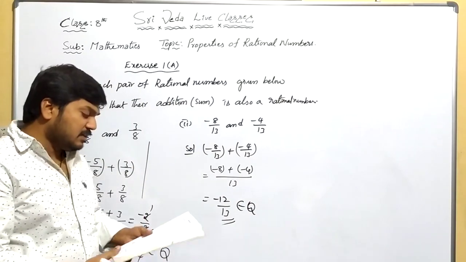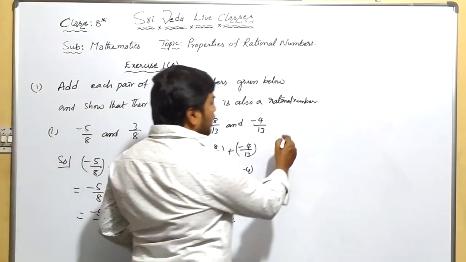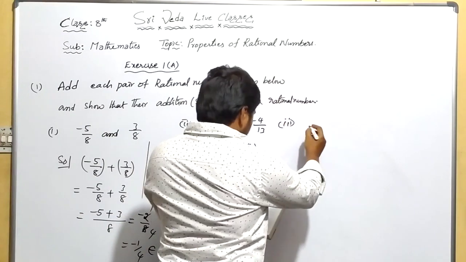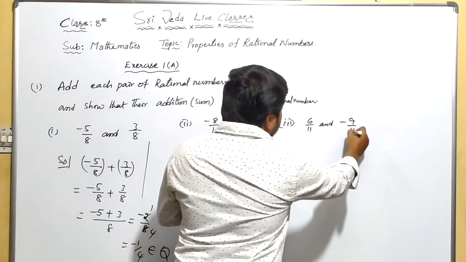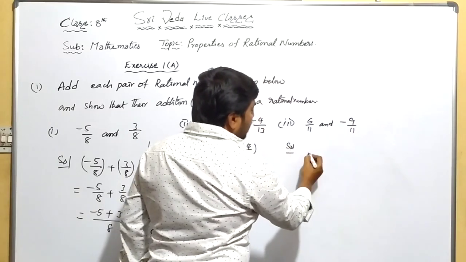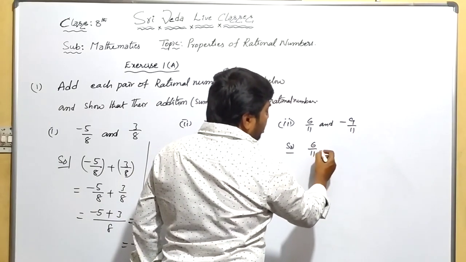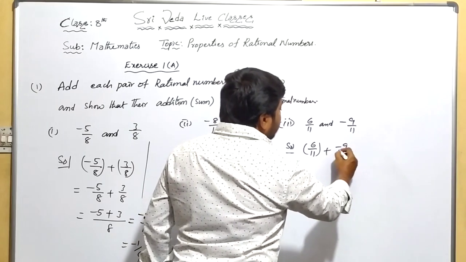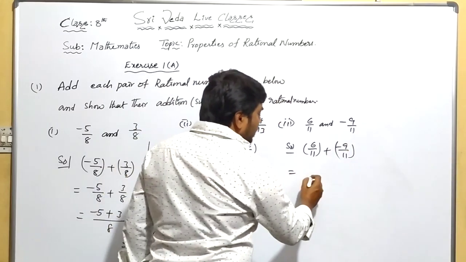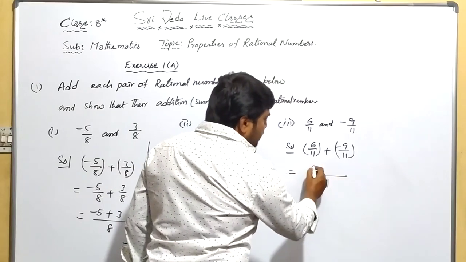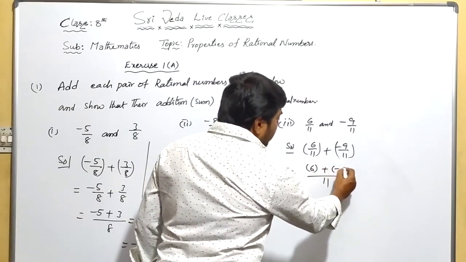Right. Next, the third one: 6 by 11 and minus 9 by 11. Solution: 6 by 11 plus minus 9 by 11. The LCM is 11. So 6 plus minus 9.